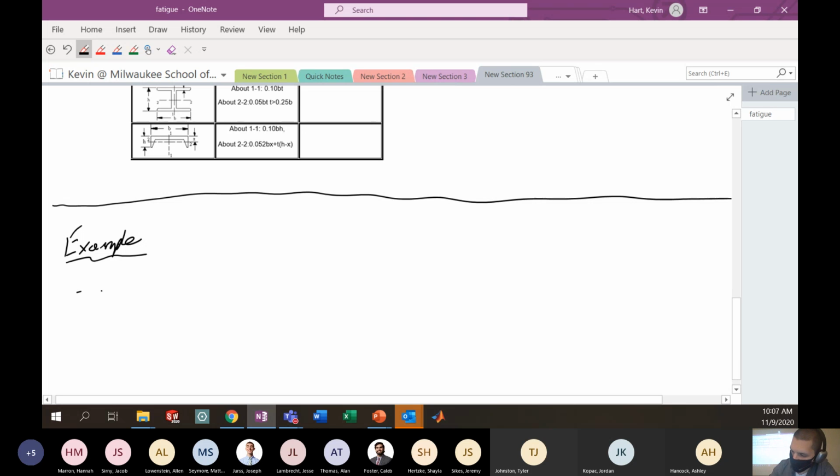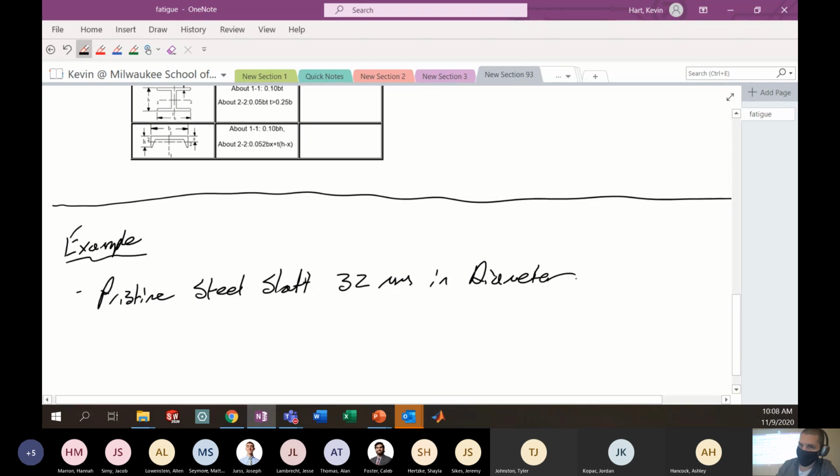All right, so pristine steel shaft, 32 millimeters in diameter, with an ultimate tensile strength, SUT, 690 MPa.